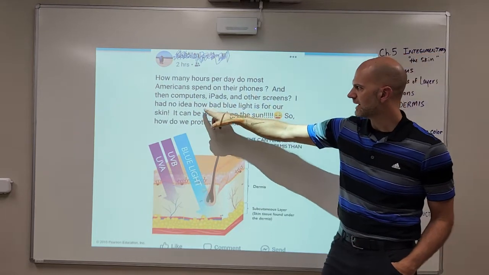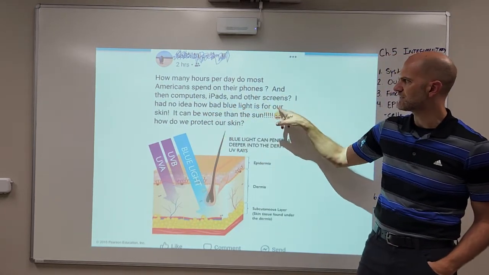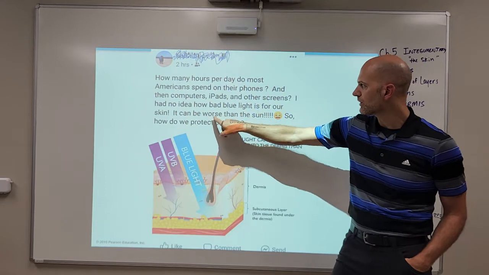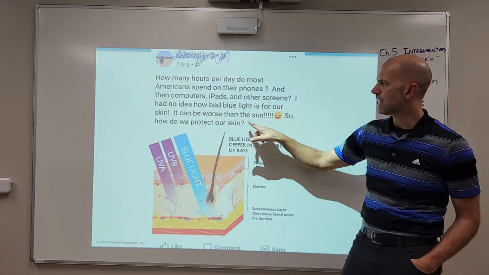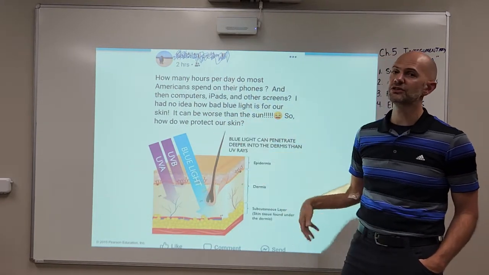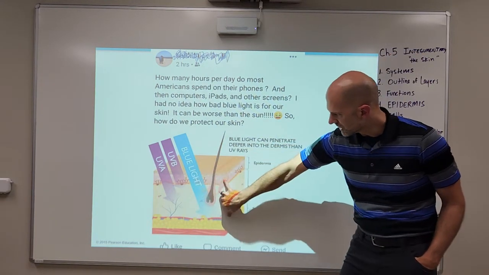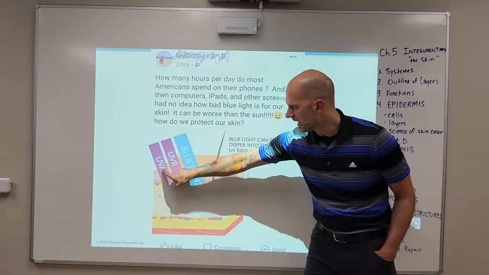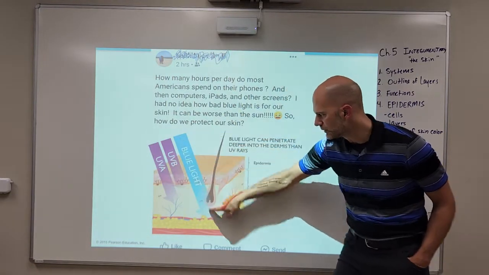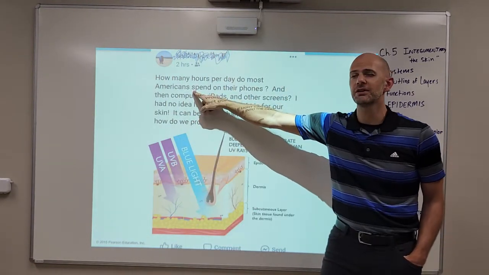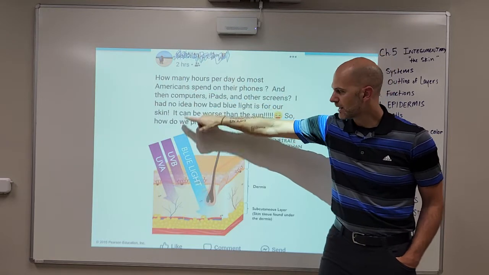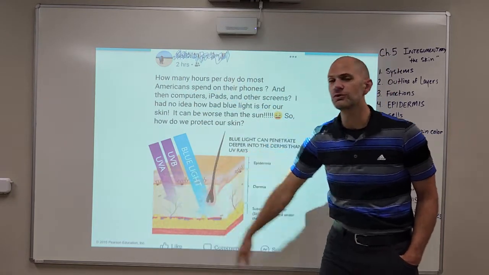I had no idea how bad blue light is for our skin. It can be worse than the sun. So how do we protect our skin? And then insert whatever they're selling. They have this image here, a chunk of skin. Here's UVA, here's UVB, and then there's blue light, supposedly from your computer screen or your iPhone. And blue light is much worse than UV.